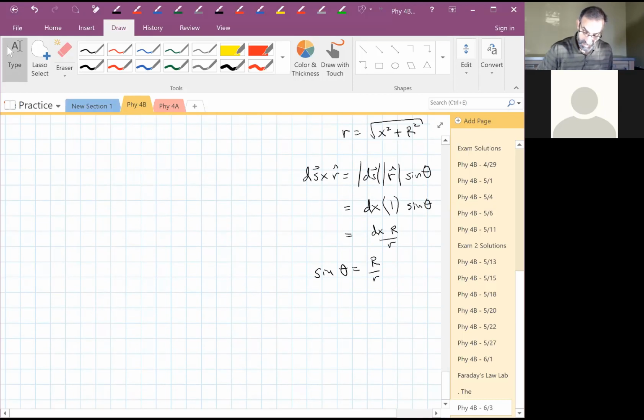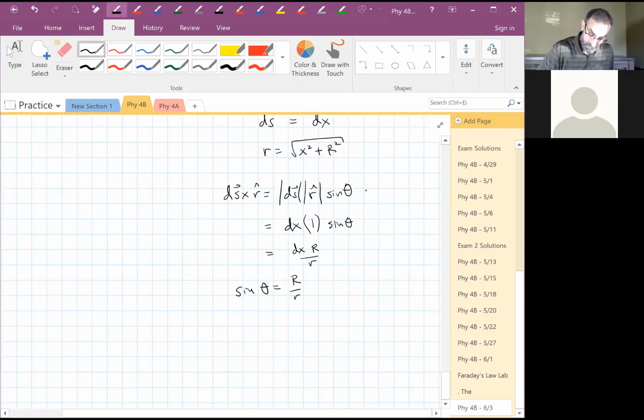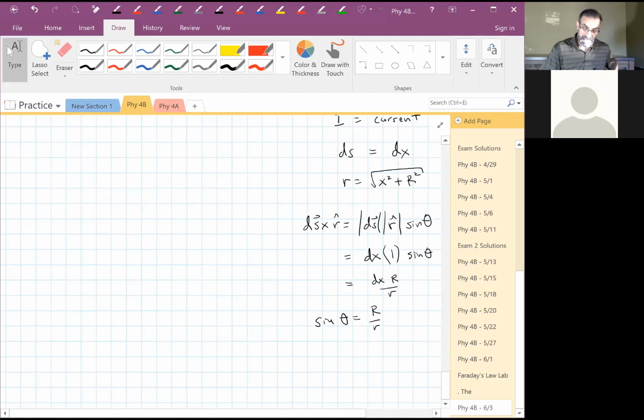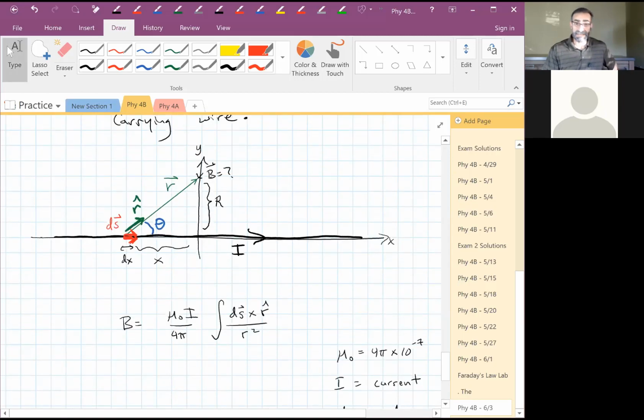So over here, I should really have a direction associated with it. Remember, the x, y, z coordinate system is a right-handed coordinate system.